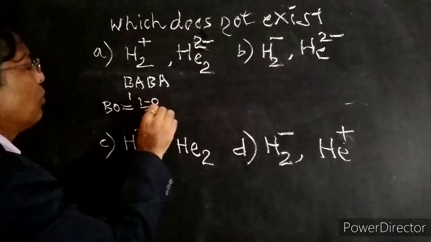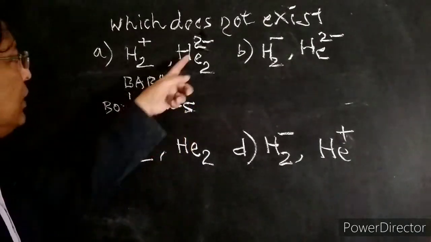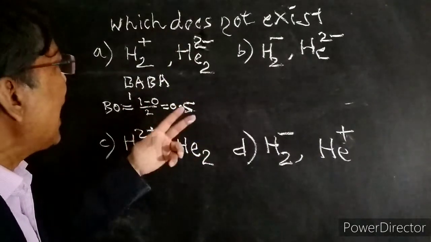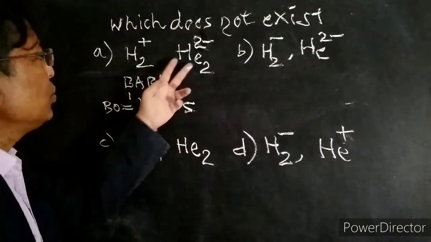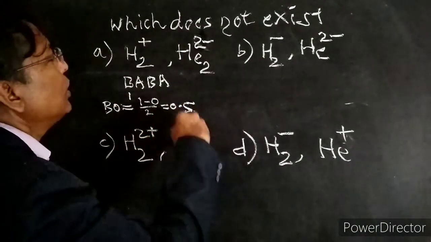That means this molecule has 0.5 bond order, and in this case, the helium molecule, each helium atom has 2 electrons, 2 helium atoms make 4, and it has minus 2, that means it has gained 2 electrons.